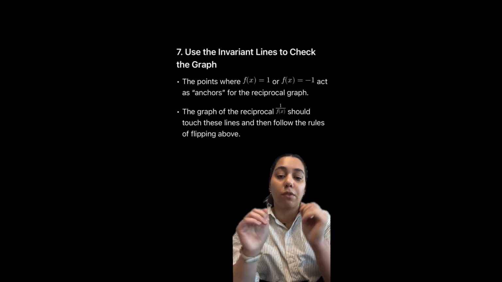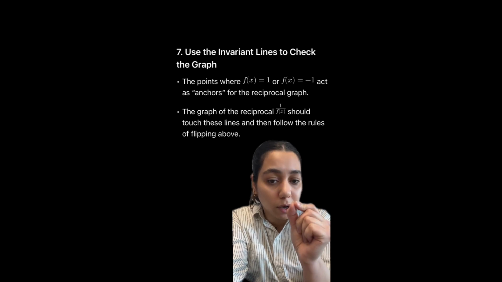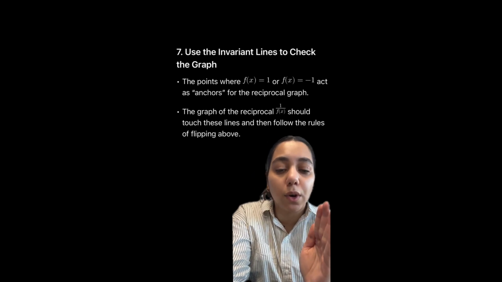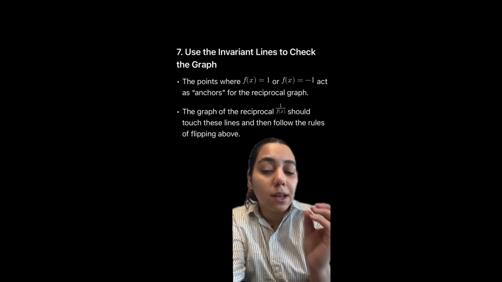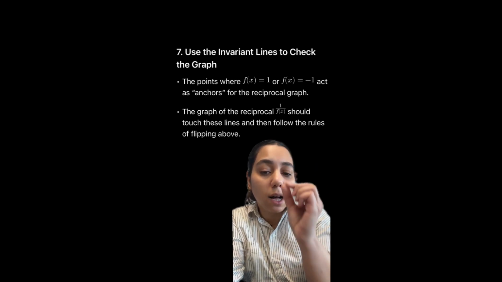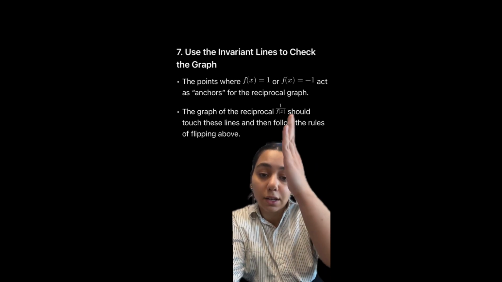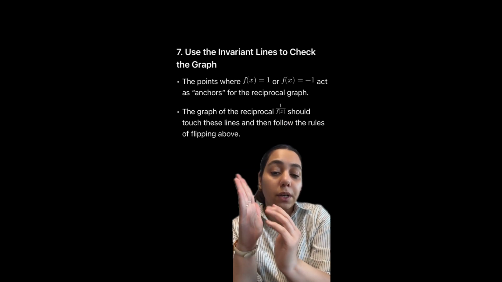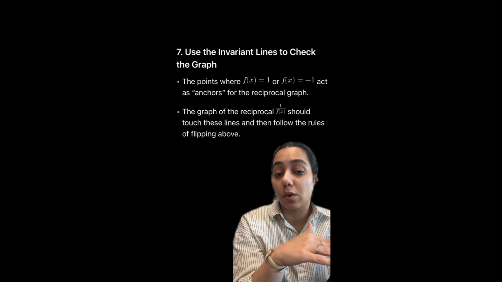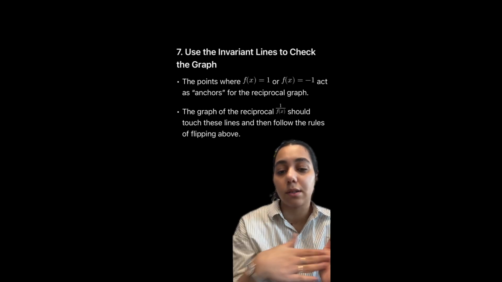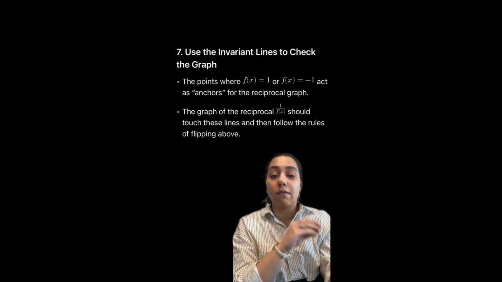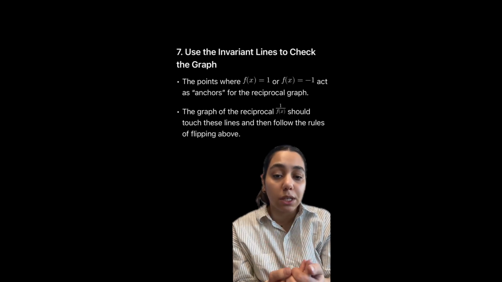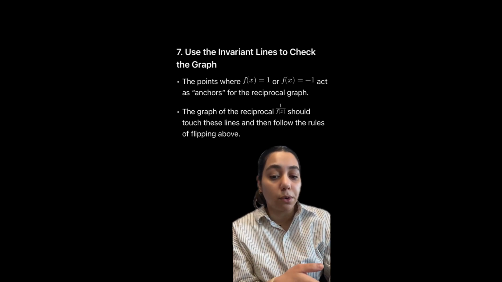For example, if your invariant point is at (1, 1), choose a point that has an x bigger than 1 and one less than 1, and see if you got those values correctly, if it has to go up closer to the vertical asymptote or it has to go down closer to the horizontal asymptote. With those invariant points, you can basically check your work to see if you got your reciprocal function correctly.